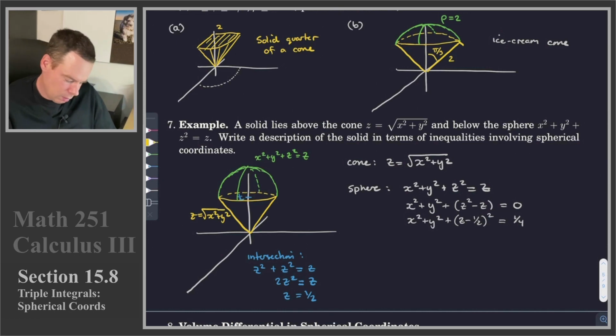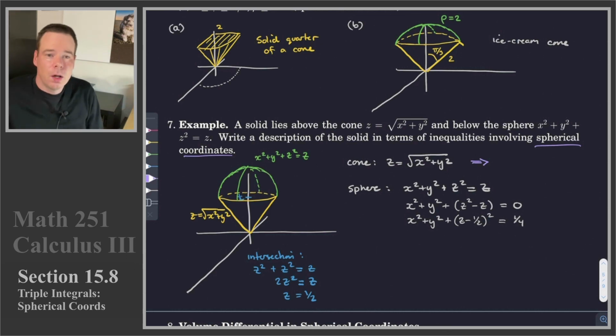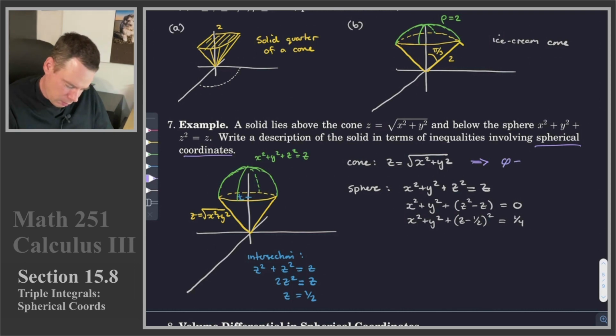But we're interested in writing them in terms of inequalities involving spherical coordinates. So let's go ahead and do that. When I write the cone in terms of spherical coordinates, what is that? Well, cones are surfaces that are defined by phi is equal to a constant. So this would just be phi is equal to pi by 4. What about the sphere?